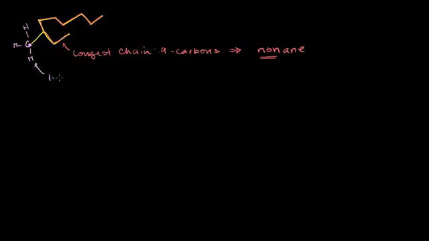So this is one carbon. So you would want to use the prefix meth. But because it isn't the main chain, it is added to something else, we don't write methane, we write methyl. So let me write this right here, methyl. So this means that it branches off the longer chain.